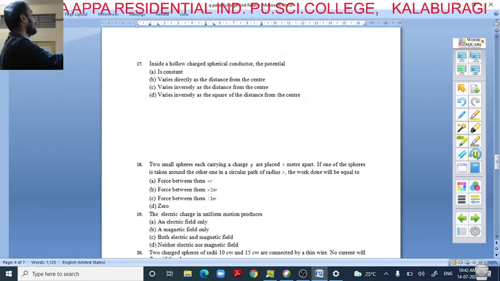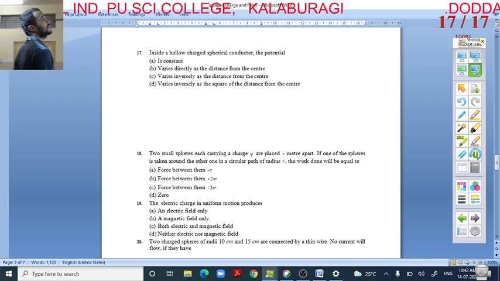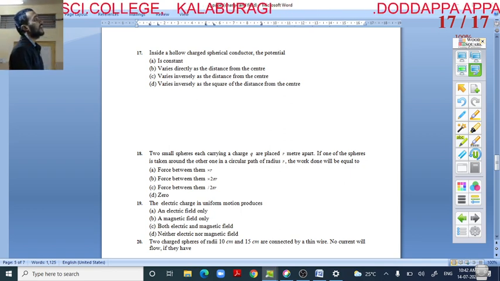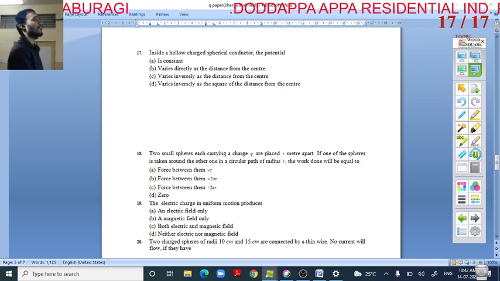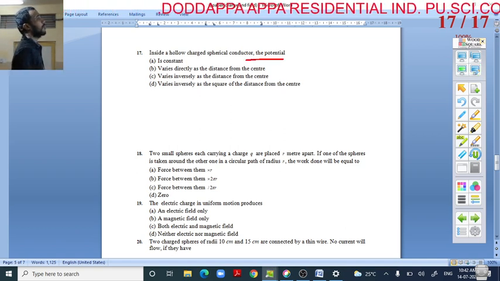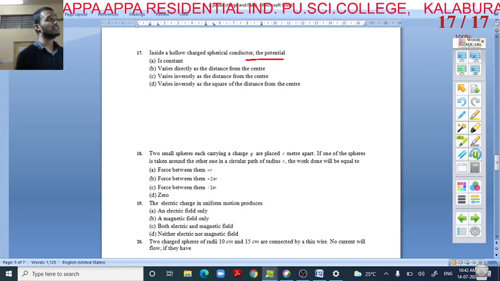Next question number 17. Inside a hollow charged spherical conductor, the potential. Okay, anyhow, see, students, see here.